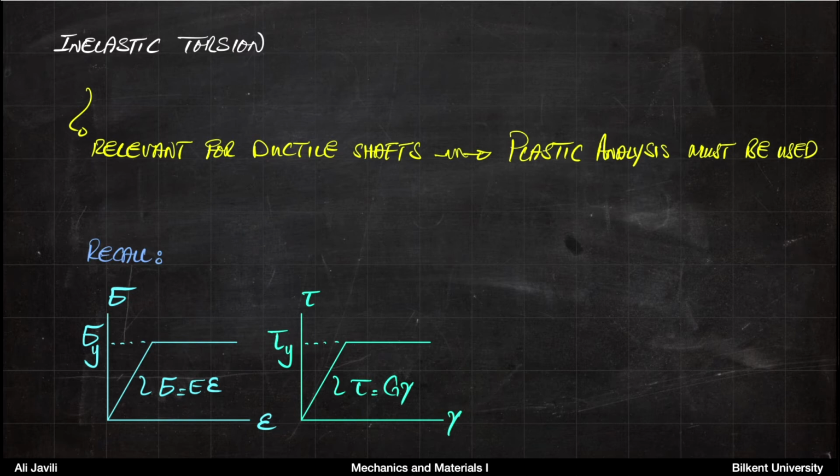You would have a sigma-epsilon graph, but you can also draw the same thing for shear stress and strain. In which case, again, for the linear case, shear stress is equal to shear modulus times shear strain. And then if you reach the yield limit, it would just remain flat and not increase anymore.